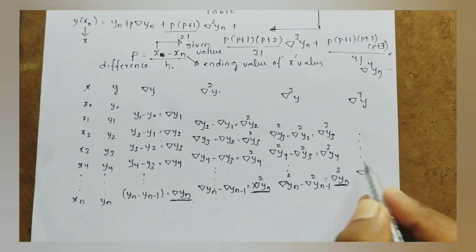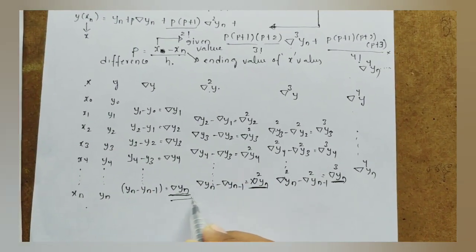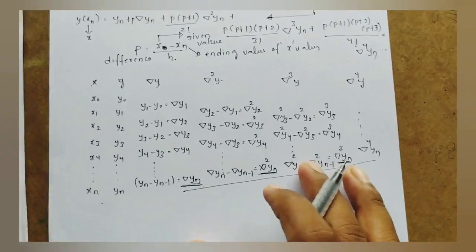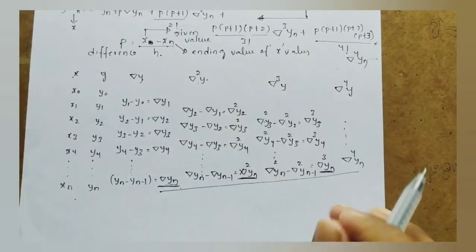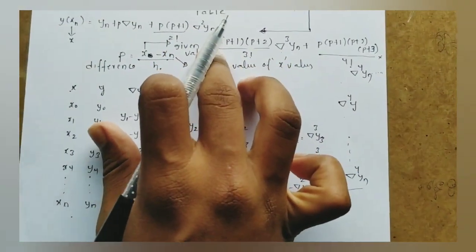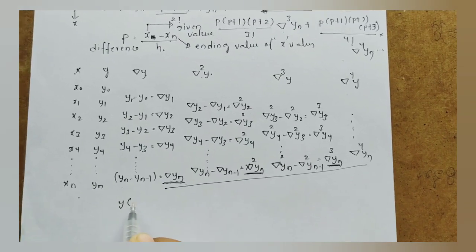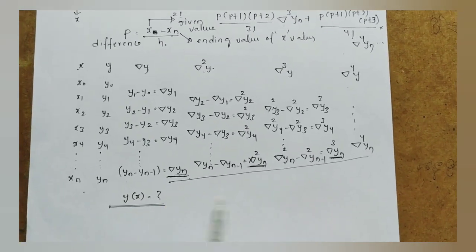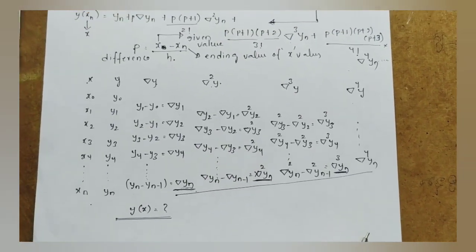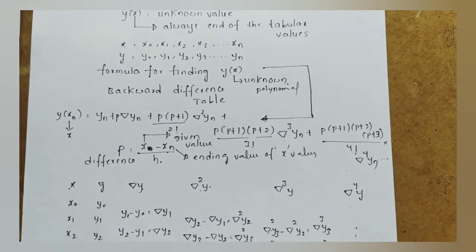Substitute all the values in the given formula, and finally we get the unknown polynomial, that is y of x. In this manner we can find out the approximate polynomial for a given value. Thank you friends.